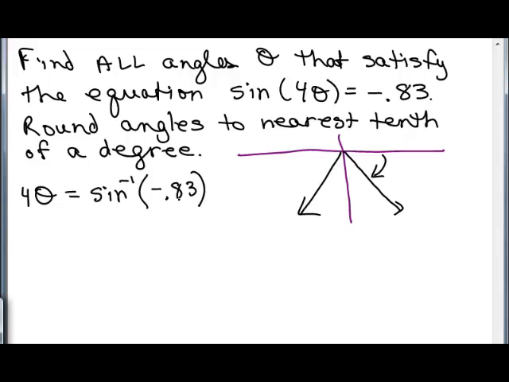But once we find that out, remember, any multiple of that angle will be 4 theta as well. So all the coterminal angles with 4 theta. Okay, so if I wanted to find out what theta was, I would have to divide everything by 4.